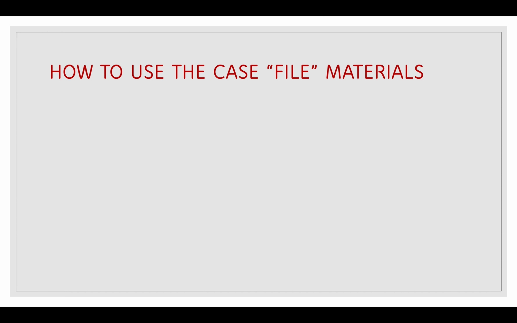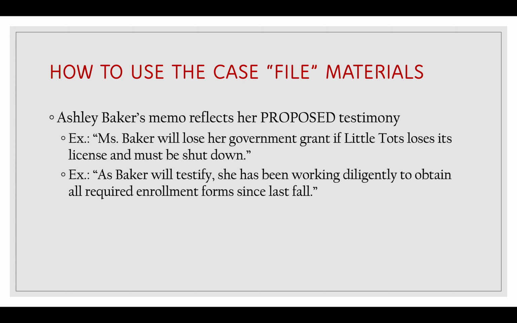The third part of this is the case file materials. And this is where you had all those notices of deficiency and the email and the memo from our own client, Ashley Baker. And I realized that there was probably some uncertainty about how to use some of that evidence from the case file. In this case, it's important to talk about Ashley Baker's proposed testimony. It's also important to realize she has not already testified.